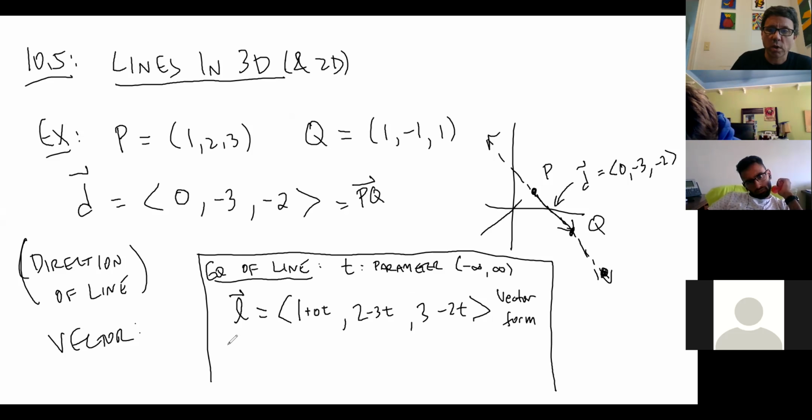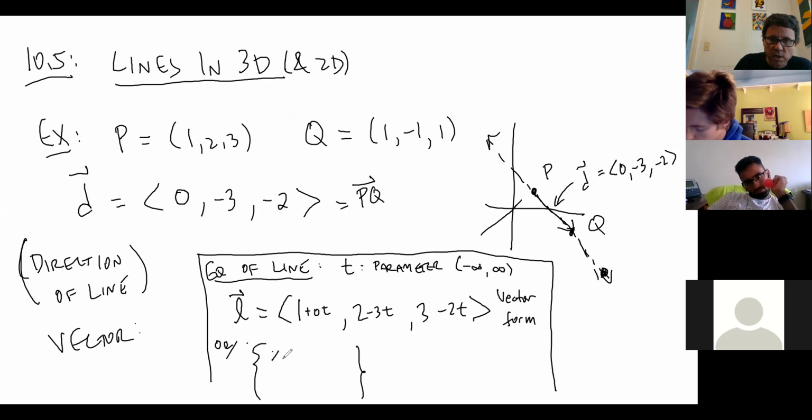You have what's called the parametric form, which says, let's just set these things to x, y, and z, but you have to keep it in a system of equations. So now you kind of have 3 things going on. You would say x equals 1 plus 0t. So x is never going to change.